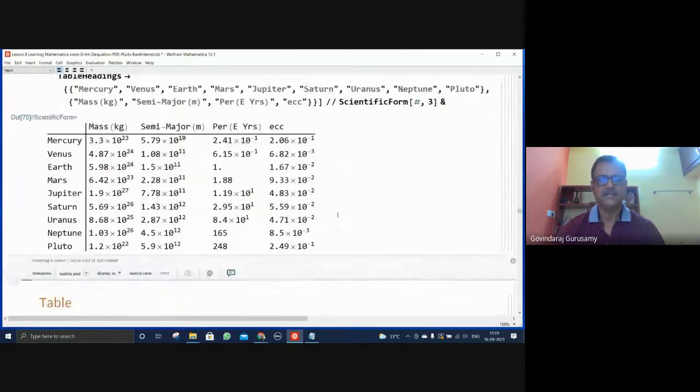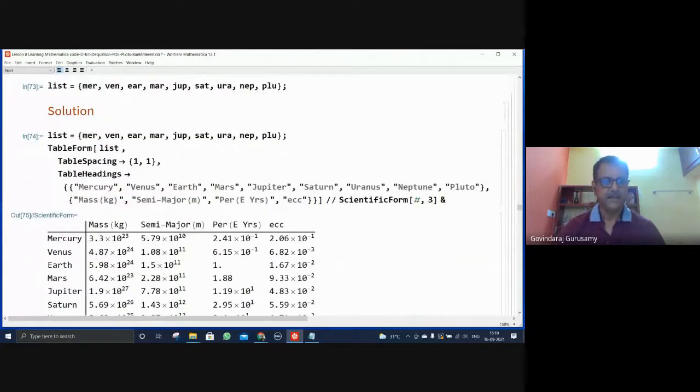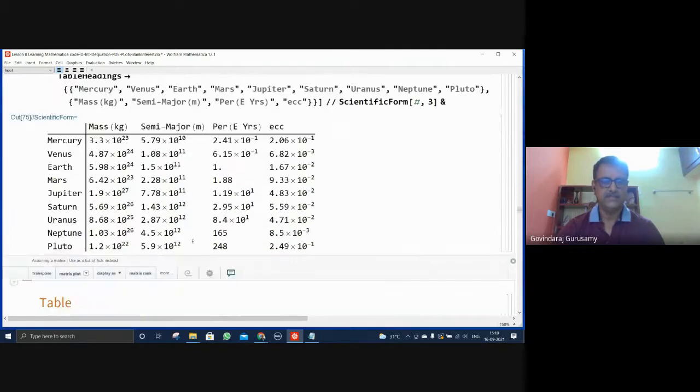So here, the table form list has been taken, spacing is here, table headings are there. You have this column and this is the row, and it has been transferred to the form of a data table. It's available for you.